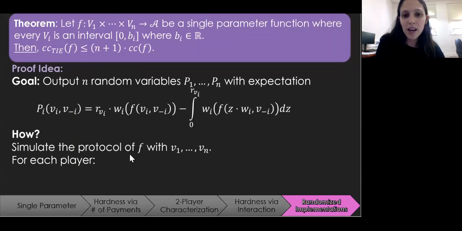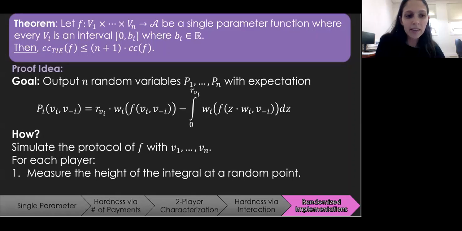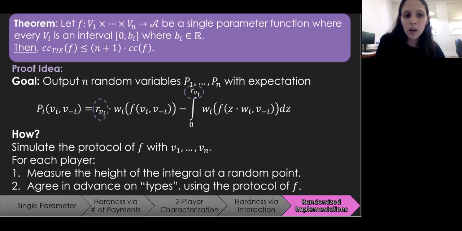And then for each player, we get an unbiased estimator of the integral by sampling it at a uniform point between 0 and its scalar. And also, one obstacle that we need to overcome is that the players don't know the private value of each other because it is a communication problem. So in order to overcome this obstacle, we take for each type a similar type, which is based on the protocol of the function. And we show that it is enough to take the similar type.